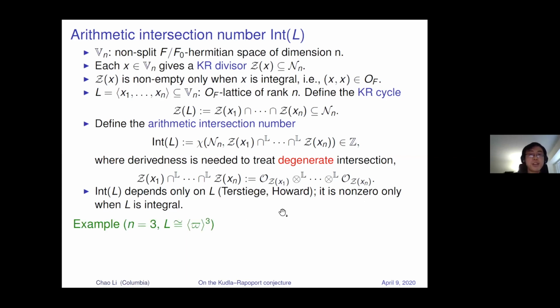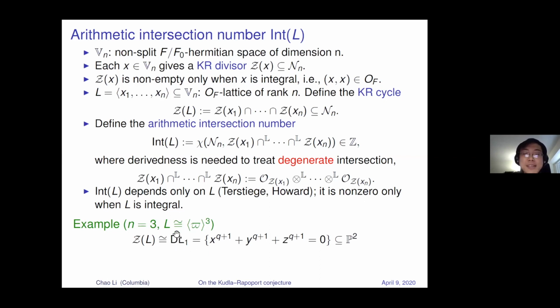Again, let me give you one of the simplest examples of degenerate intersection. Let me take the lattice consisting of 3 basis vectors, each of which has norm pi, the uniformizer. The associated Kudla-Rapoport cycle, the intersection of these 3 divisors, is in fact not of expected dimension 0; it has dimension 1. It's the simplest case of degenerate intersection.